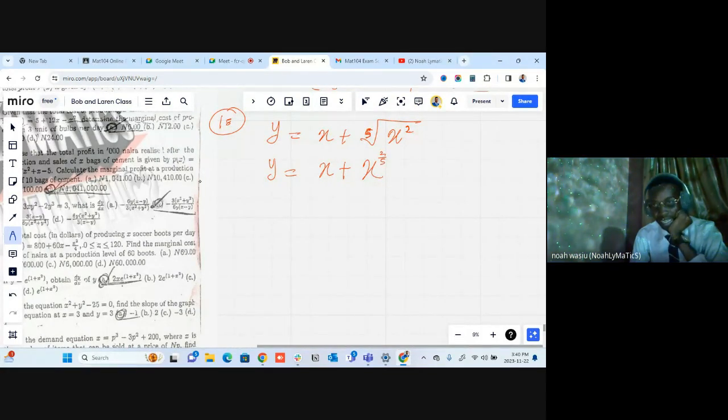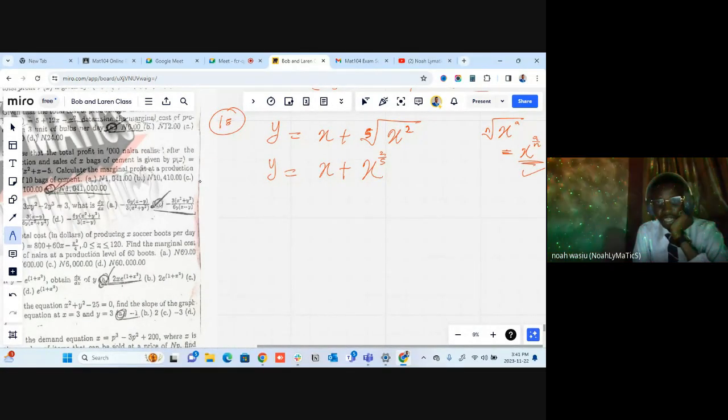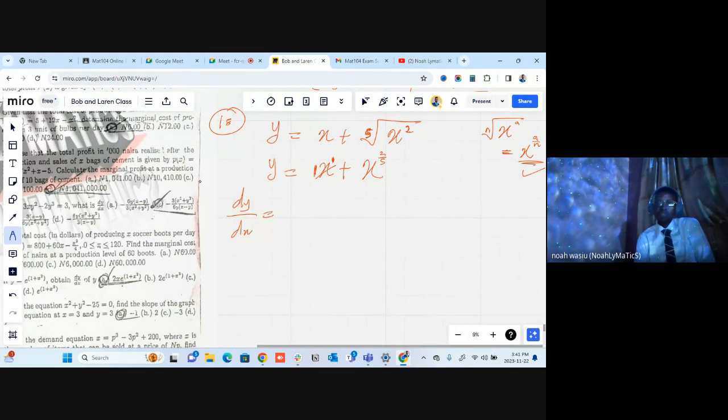In indices, if you have the nth root of x to the power of, let's say, a, then it is equal to x to the power of the fraction of what you have inside over what you have outside the root. So that's what I've done here, 2 over 5. So then let's find dy/dx. If I differentiate this one, what will I have? This is 1, 1 times 1 is 1, and x to the power of 1 minus 1 is 0.